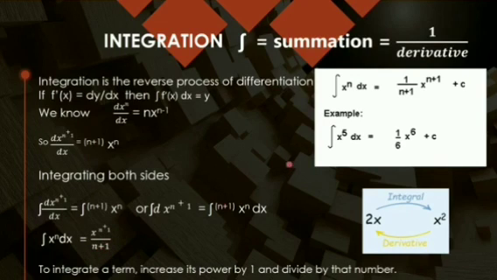So the formula with you people is simply one formula you have to keep in mind, that if I have to take integration of x power n dx, it is equal to x power n plus 1 divided by the same power. It means increase the power by 1 and divide by the same power. Like once you do logarithms, then you do anti-logarithms.